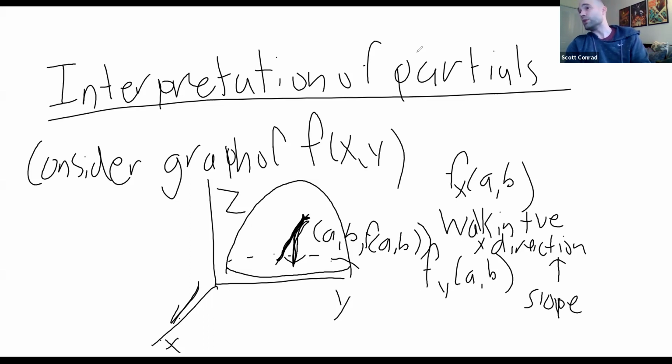So here we're walking downhill at a, b when we go in the positive x direction. So the slope is going to be negative. So the partial derivative is going to be negative of something. And it looks like it's fairly steep. So it's going to be negative a large number. Does that sort of make sense?